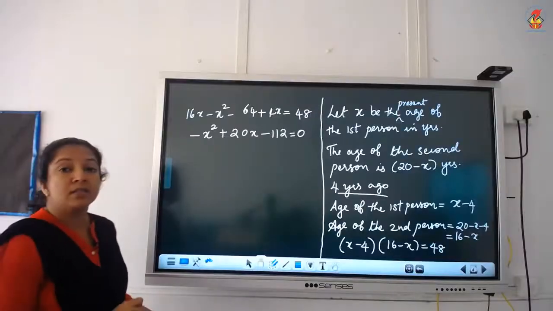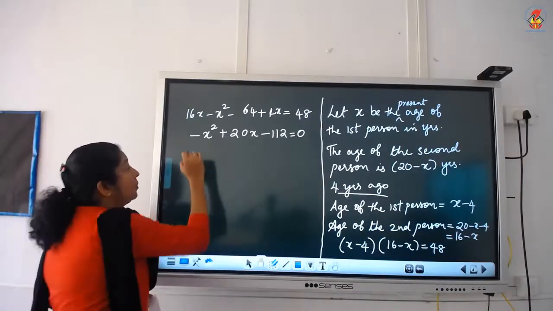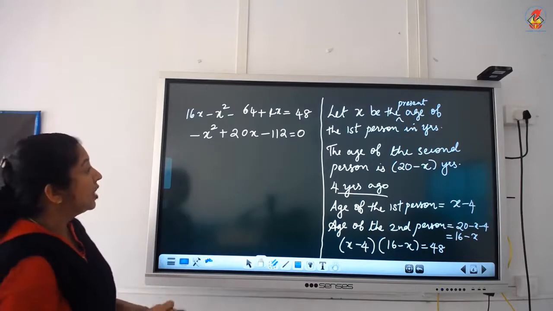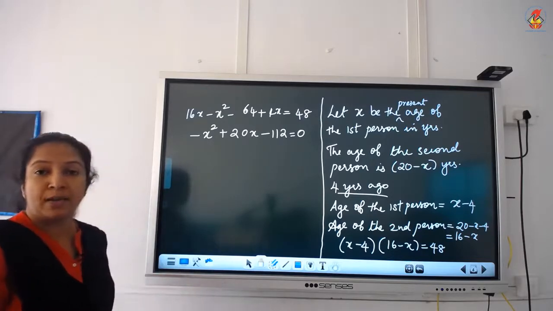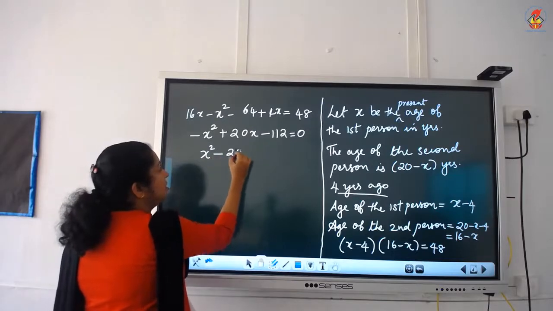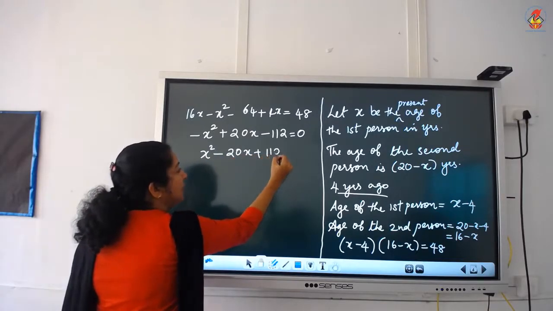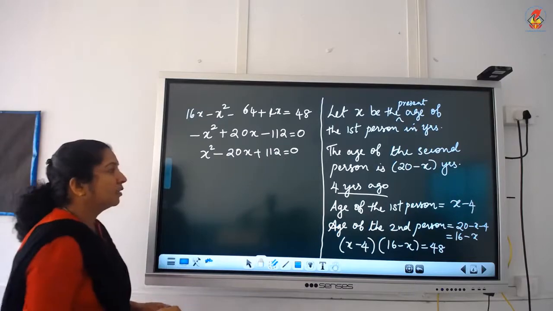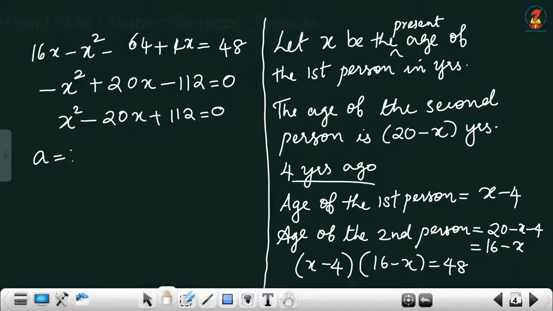So, we should make this in the standard form. So, this should be positive. So, for that we have to multiply or divide throughout by negative sign. So, it is x square minus 20x plus 112 equal to 0. Then from here we can write a is equal to 1, b is equal to minus 20 and c is equal to 112.